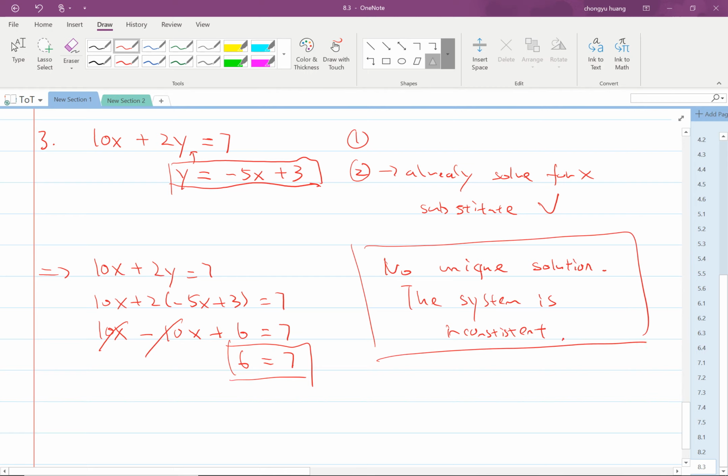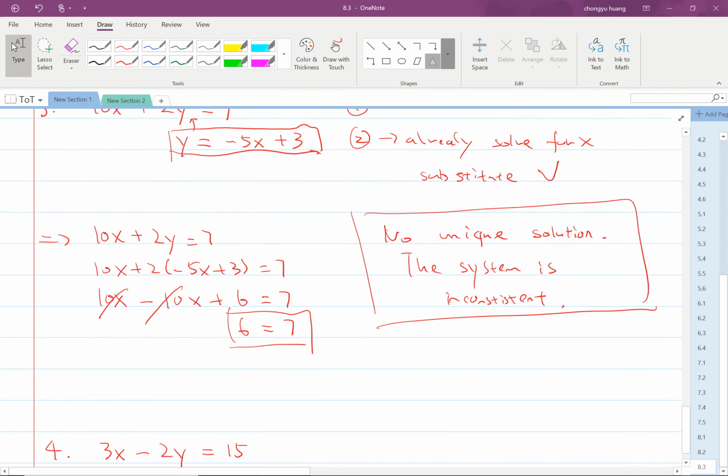Okay, so if you see some statement like 7 equal to 7, then you know it is actually dependent. Okay, that's basically an example.